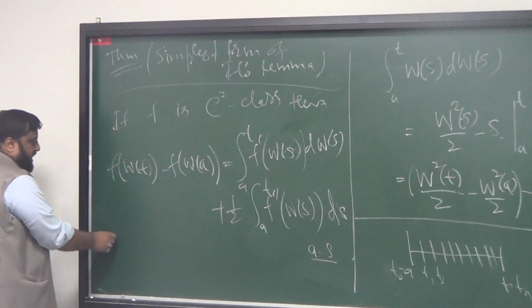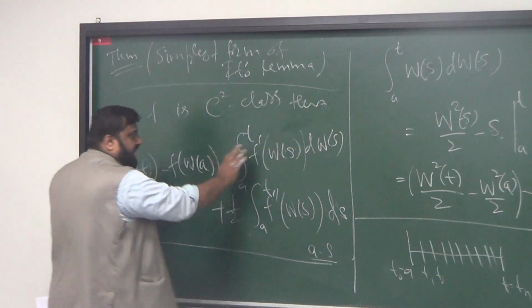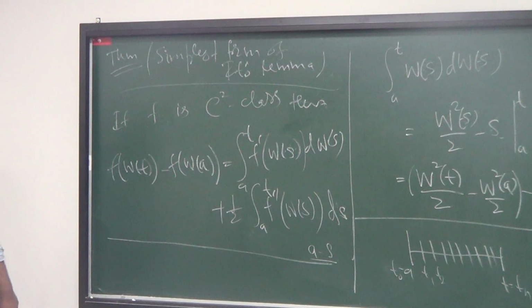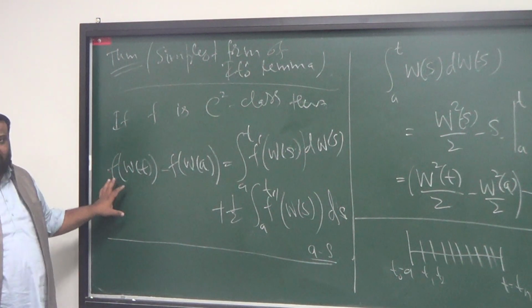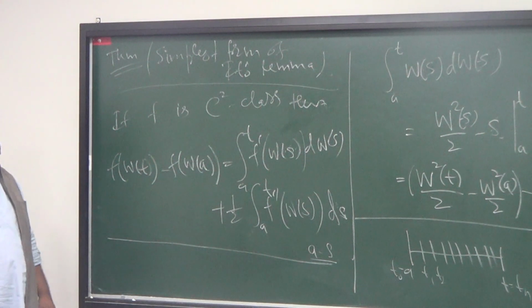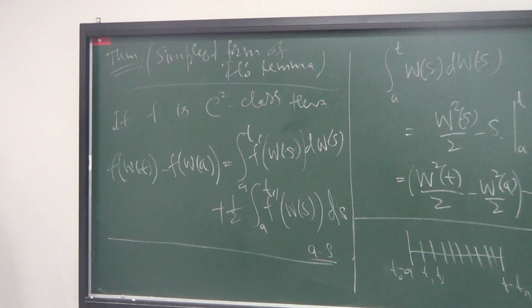Alright. Now, for the sake of convenience, rather than writing this statement or such kind of a statement again and again and again, I'm going to introduce a cryptic form of writing this result, or this formula. And the cryptic form of writing this result is this.